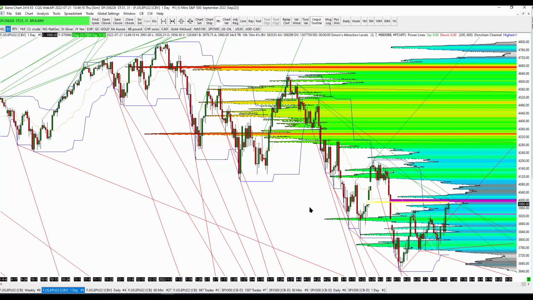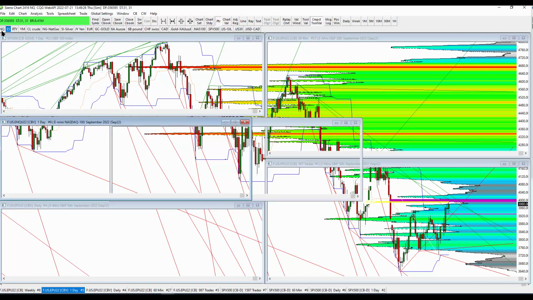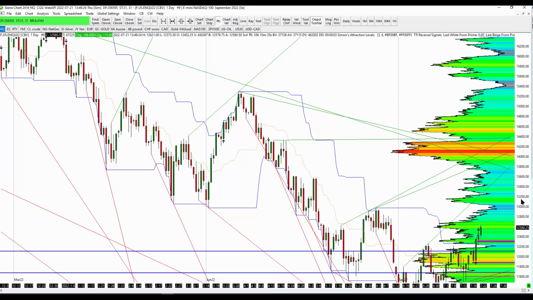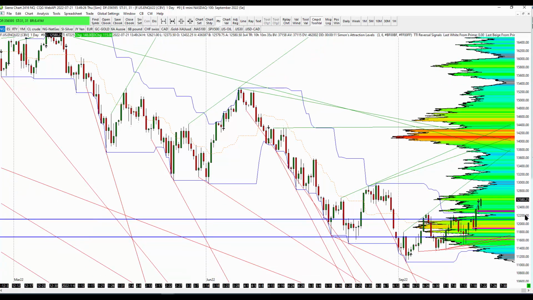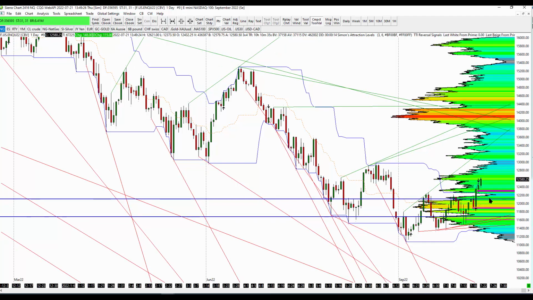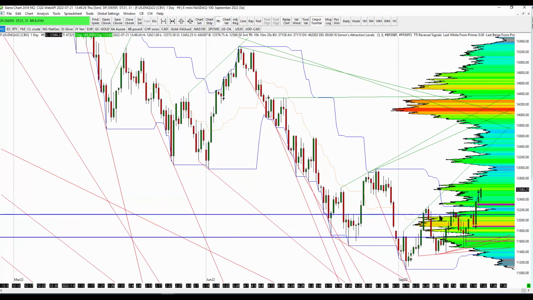If you're interested in knowing, for example, the long-term view for where the Nasdaq is going, the Nasdaq is showing main attraction here. I plotted three major levels of the SAL indicator, and I see three levels of attraction that the Nasdaq might come back to in the near future.